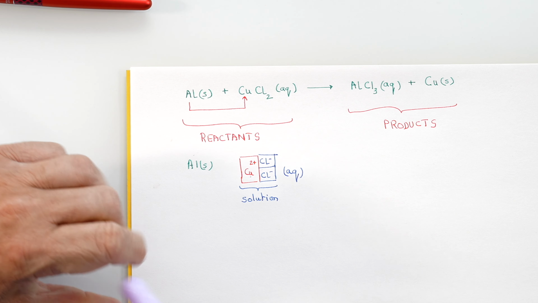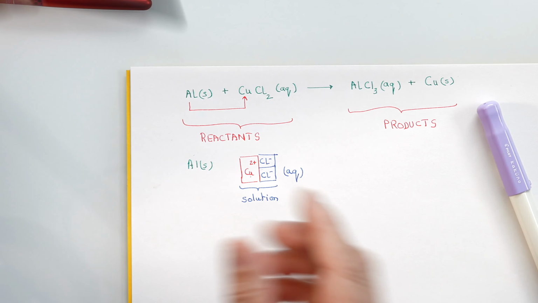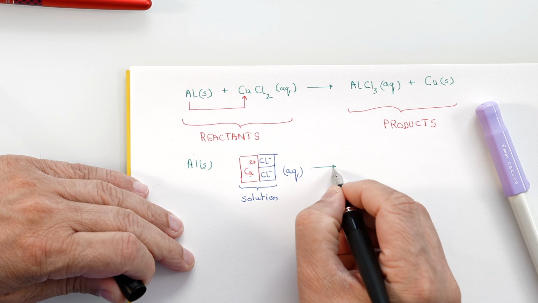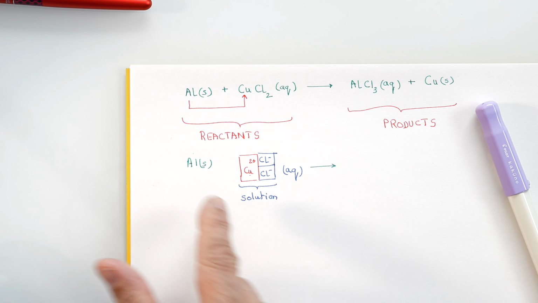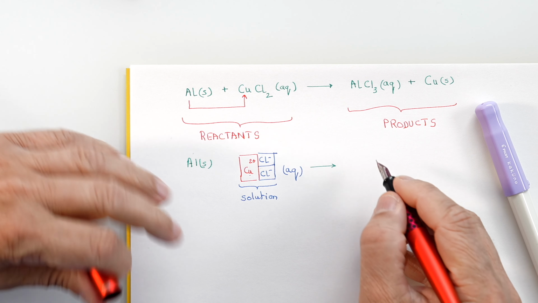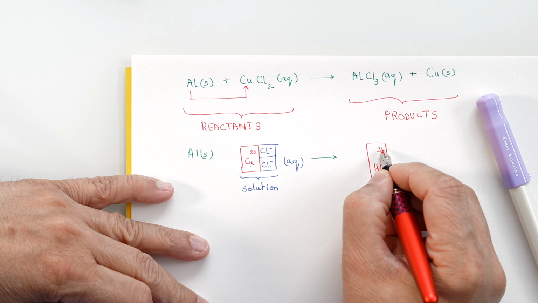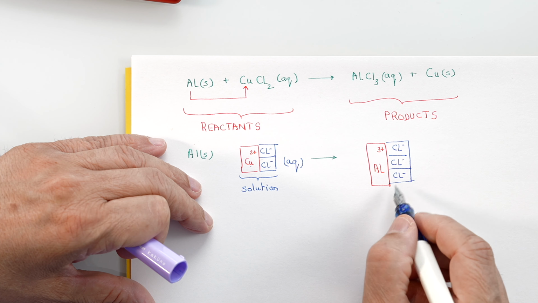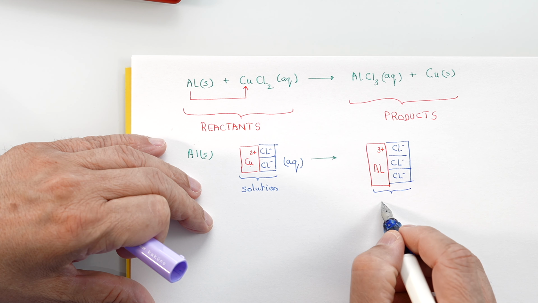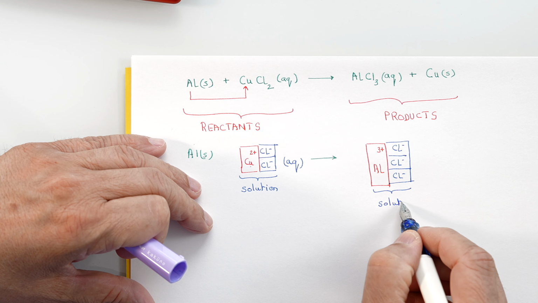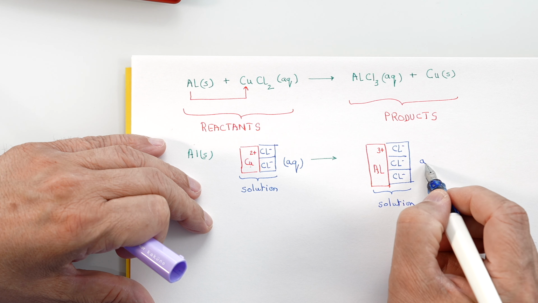So when the aluminum comes in here, it reacts and it kicks this copper off, but interestingly, aluminum loses 3 electrons. The product of the reaction, one of the products at least, is a solution, and this is aqueous.